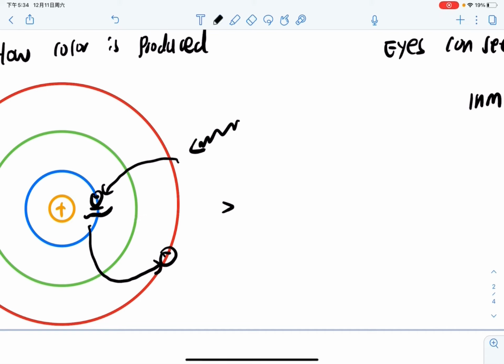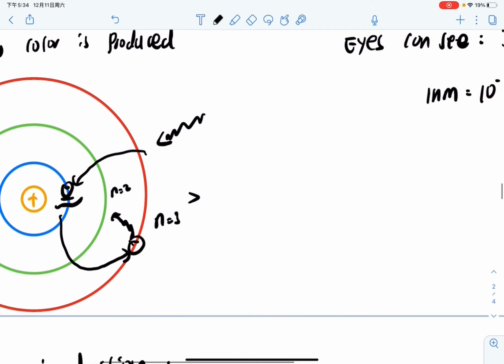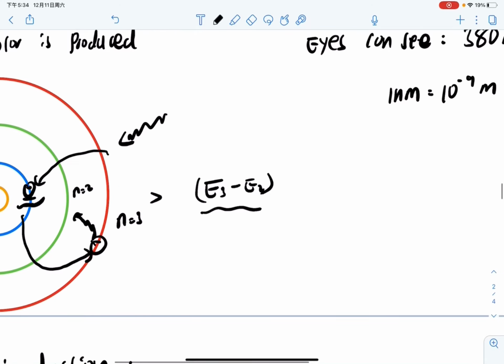So if it goes from n equal to 3 to n equal to 2, you first find the energy of E3 minus E2, and this is the energy of the light. For different wavelengths, the light has different energies.